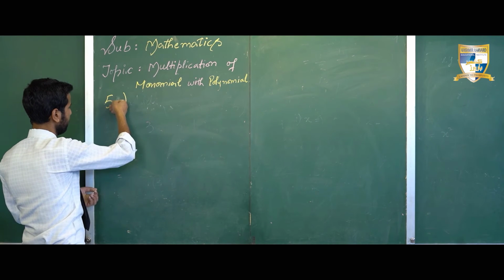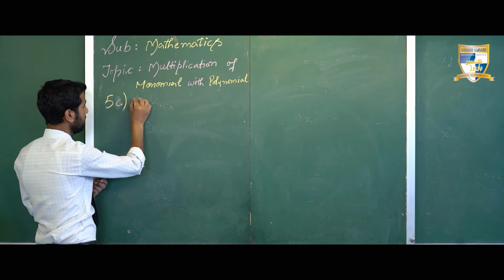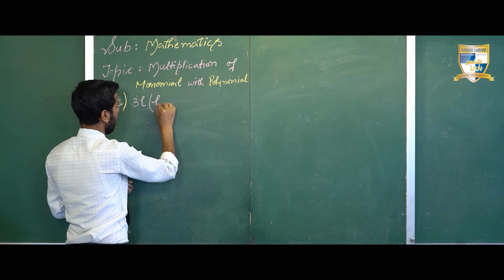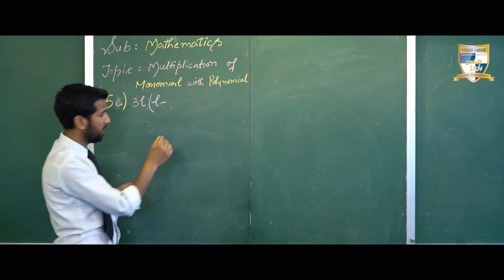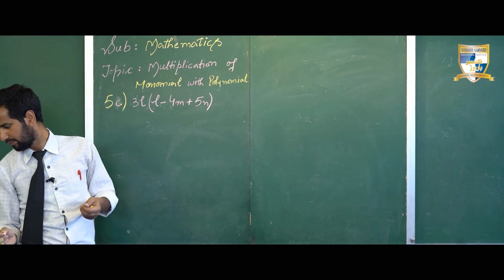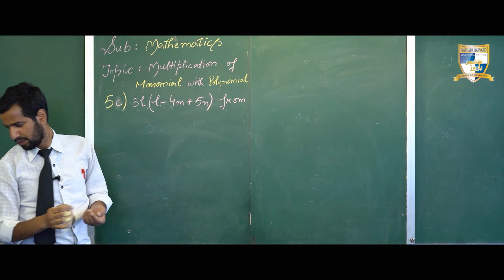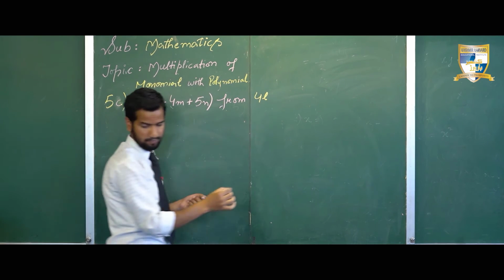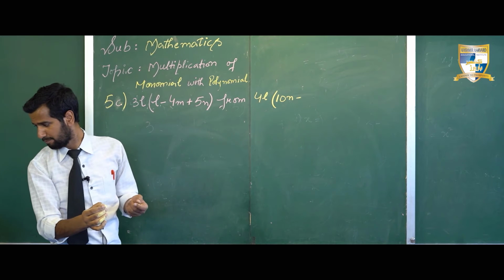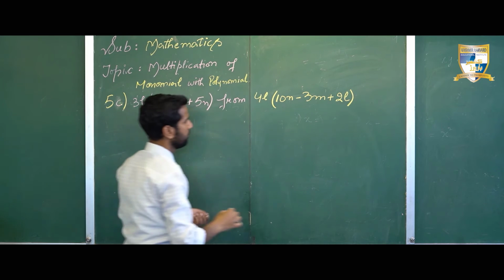Question number 5, part number C is: 3L, then (L minus 4M plus 5N) from 4L (10N minus 3M plus 2L).